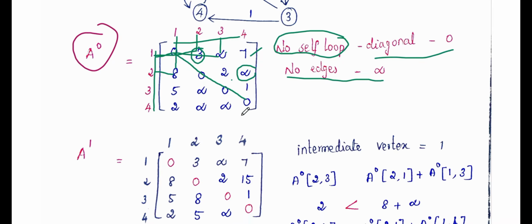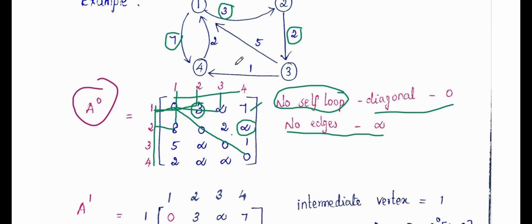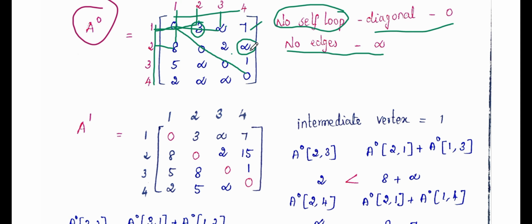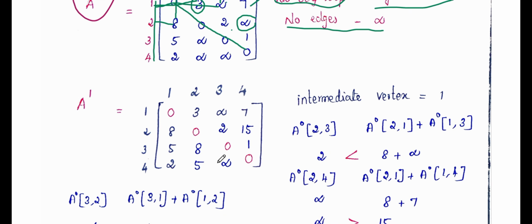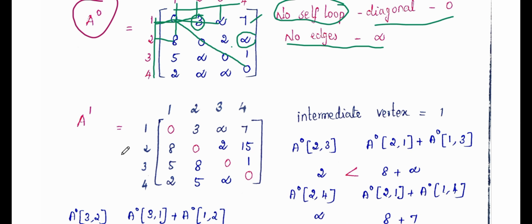Then we find the A1 matrix. This is the A0 matrix filled with the actual values in the graph. Clear? Then how to update the A1 values? A1 means we take vertex 1 as the intermediate vertex. We find the shortest path through intermediate vertex 1.